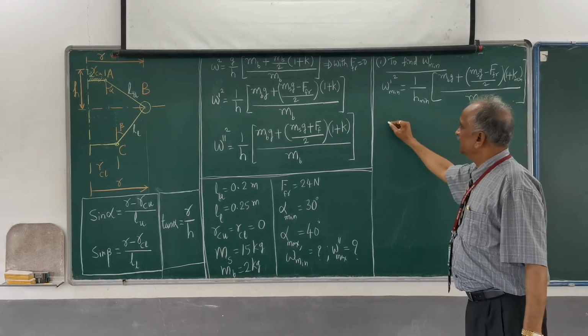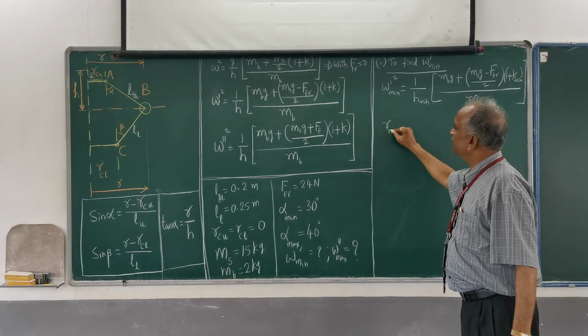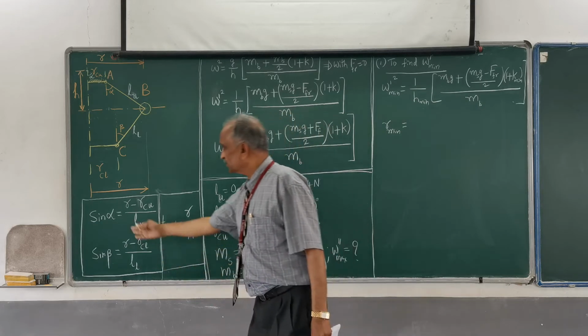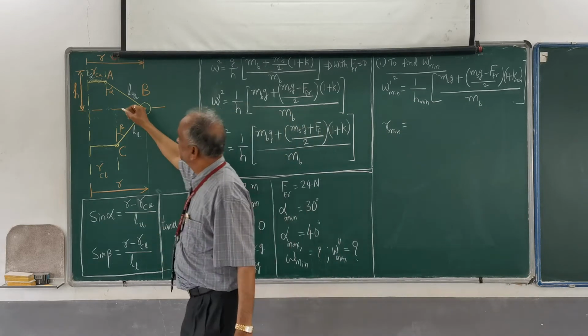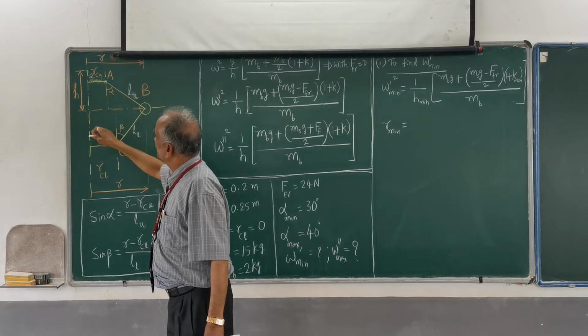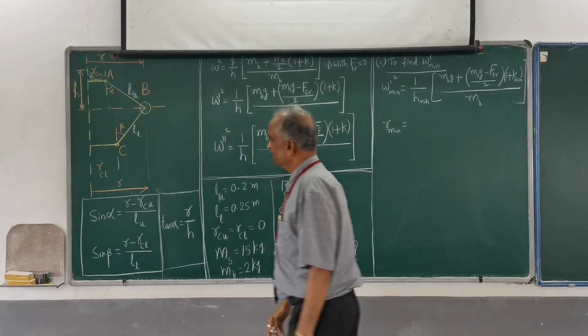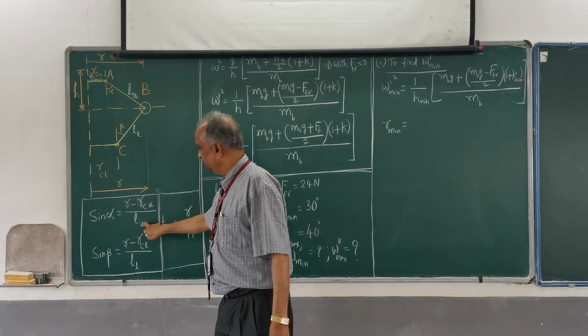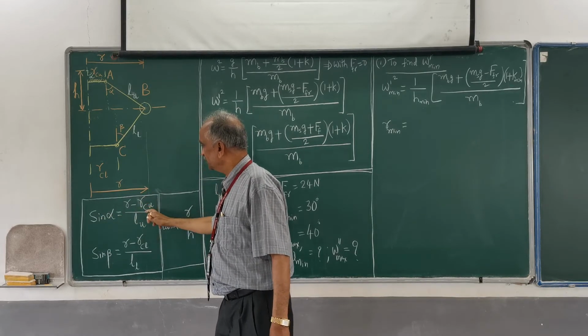For that I shall find r minimum first. I know alpha. Sin alpha is known, Lu is known, RCu is 0.